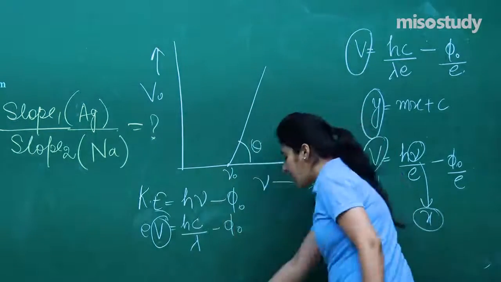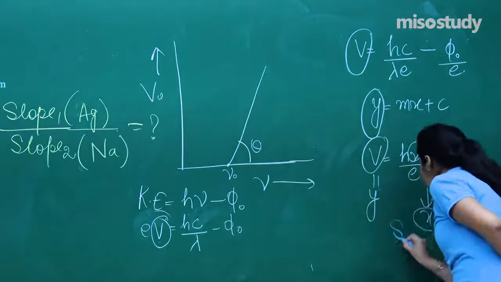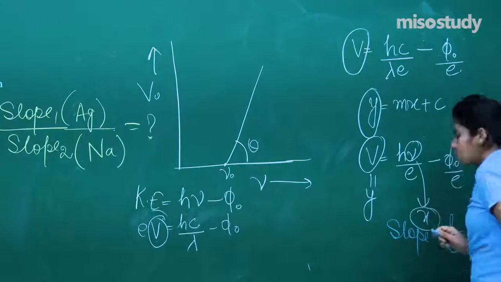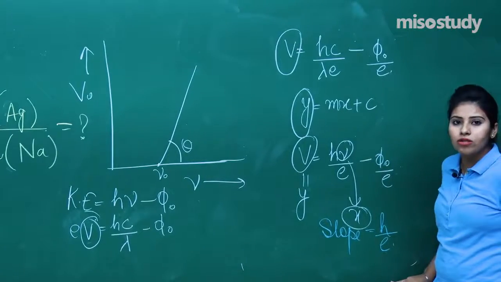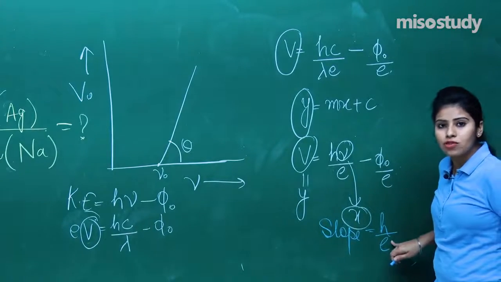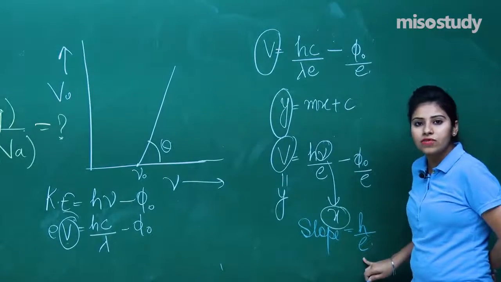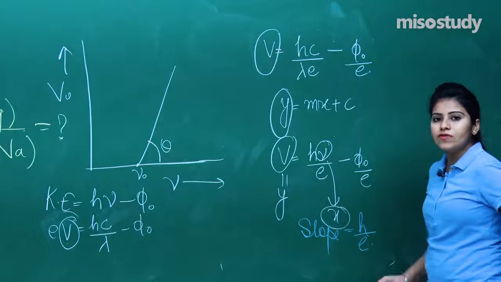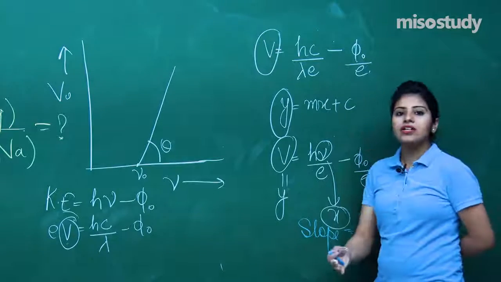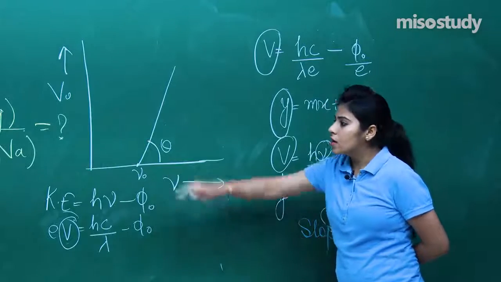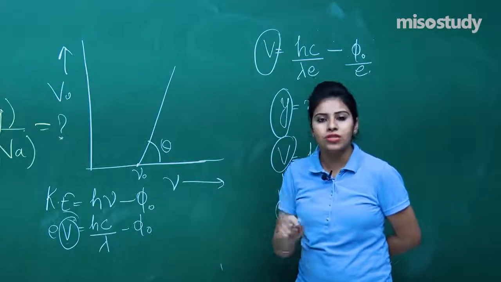So we can say that the slope of the graph is h by e. Now this is a constant value, because h is Planck's constant and e is the charge of the electron. This constant value, either for silver or for sodium, would remain constant.